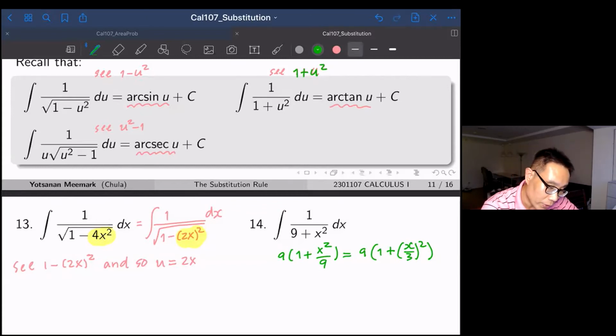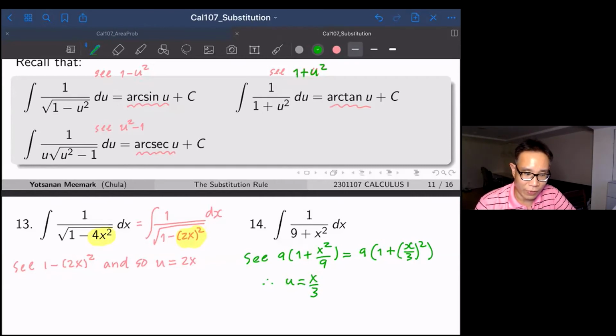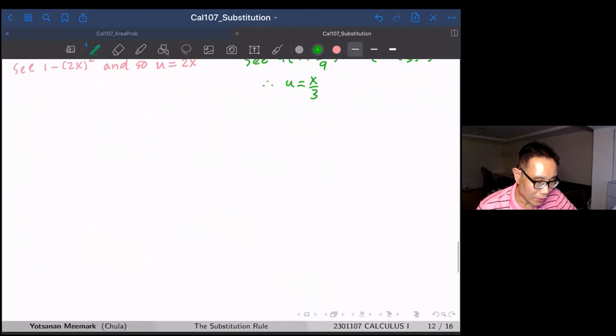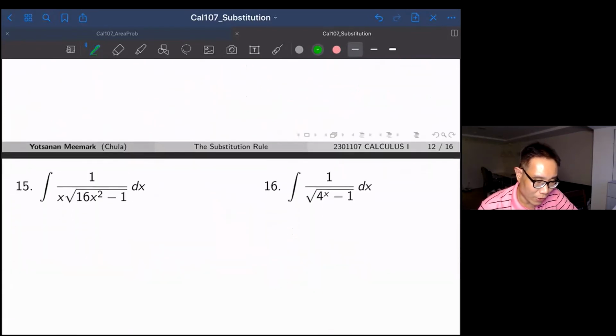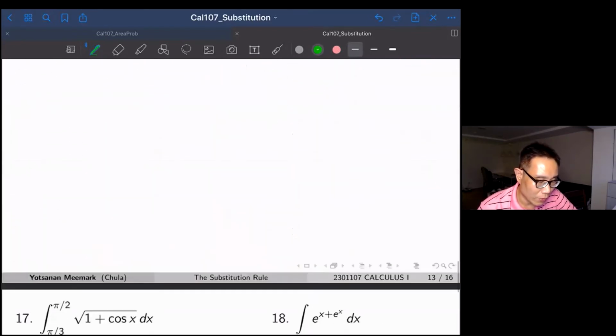So this is what you see, and in this case u must be x over 3. You just see the structure of the function. This is the thing that I like to teach you. The next one, let's do the next one first before I move to the other question.